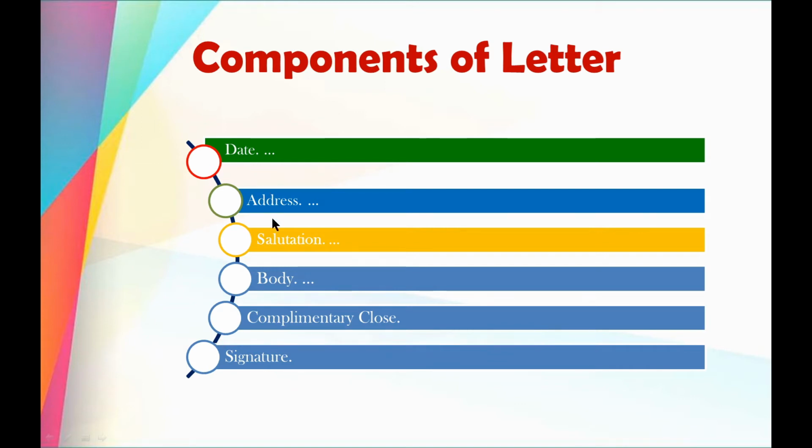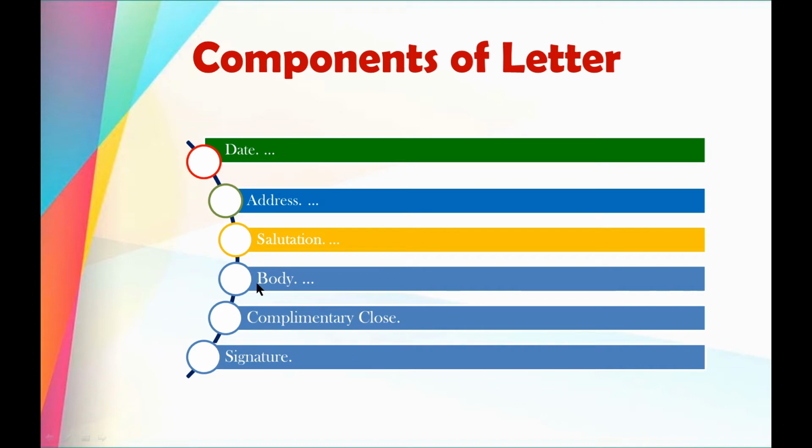Address, how to write address, I will tell you, but these are 2 compulsory things to be included in your letter. The third most important thing is salutation. What is salutation? It means that you greet someone. Assalamu alaikum, hi, hello, you use. This is called salutation, opening greetings. And then body.